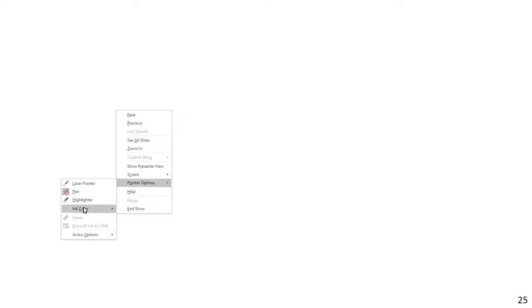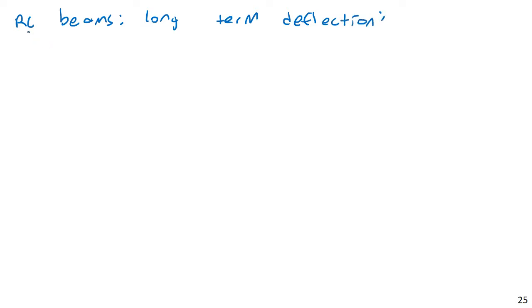In part one of this lecture, we discussed how to calculate the immediate deflection for concrete beams, but now I want to talk about how we take into account long-term deflection for reinforced concrete beams. And so let's see here, long-term deflection.